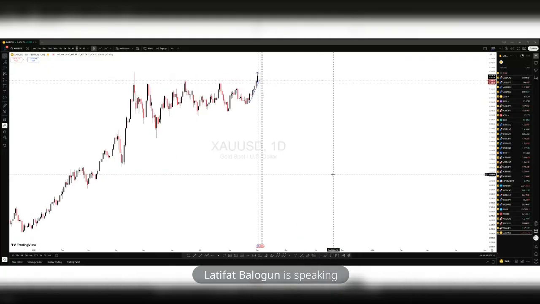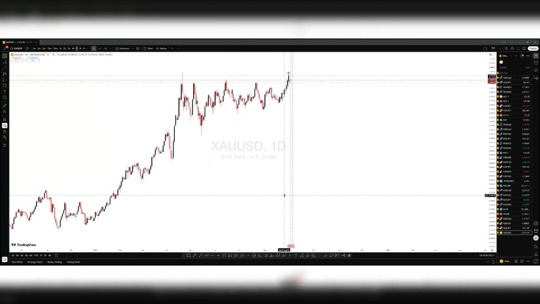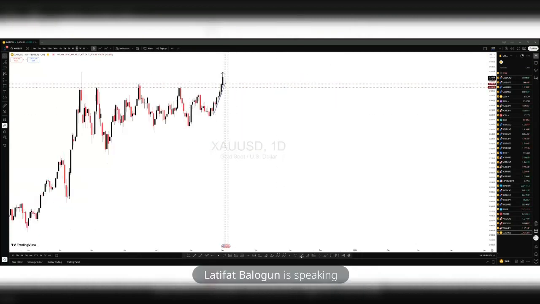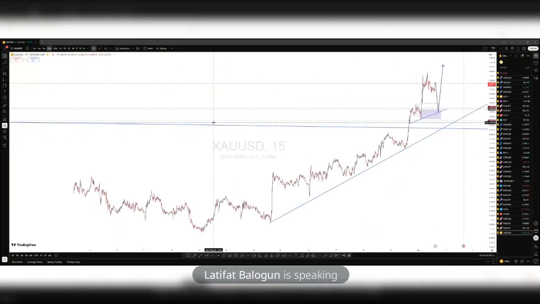I saw that it broke the trend line that I drew to the upside. And today on the 15-minute time frame, I did a top-down analysis. I went to the 15-minute time frame and saw something like a change of character there.